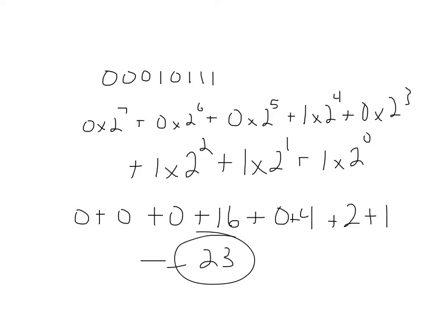And so you can see also, we mentioned that this last one determines whether it's going to be an even or an odd number, because if this is 1 times 2 to the 0, that's going to be 1, and that's going to make it an odd number. If that's 0, then it's going to be an even number.